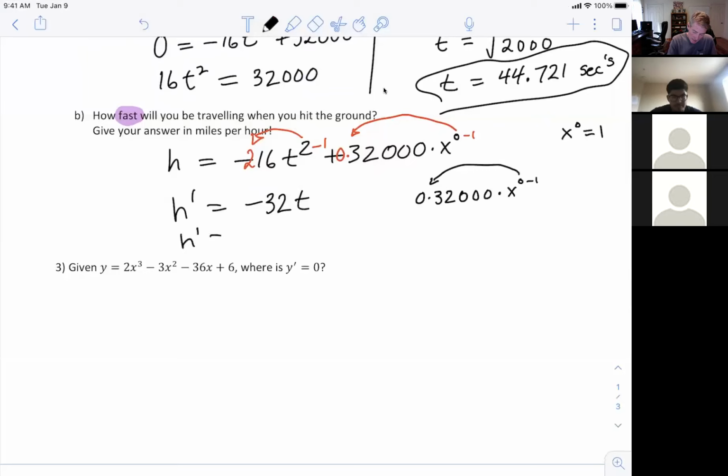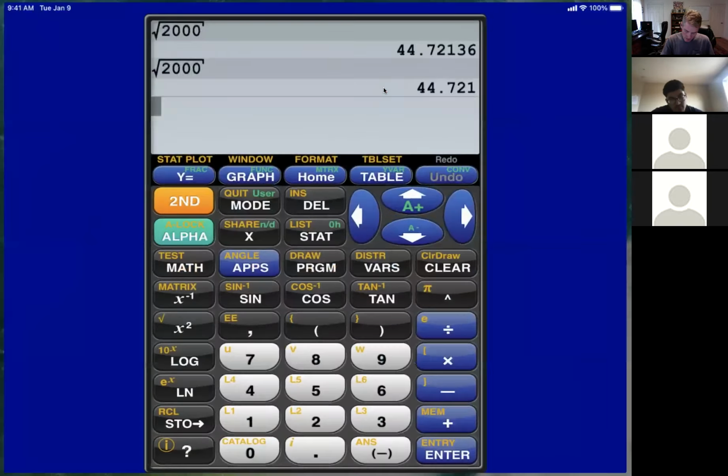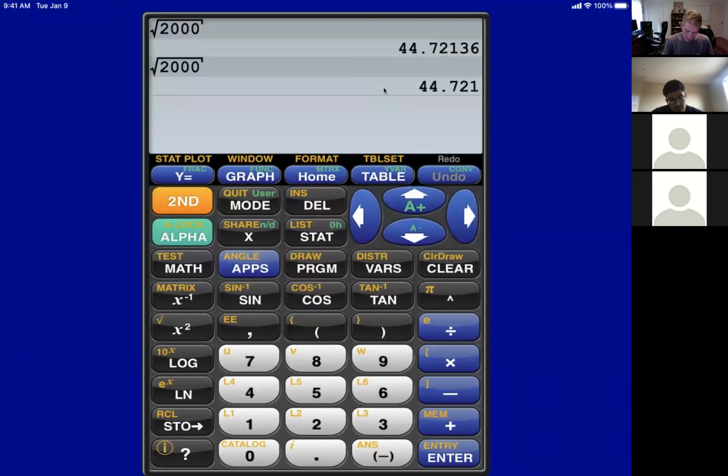And then the next thing to do is plug in the 44.721 seconds. So negative 32 times 44.721. So I could just say, take the last answer, 44.721, and multiply by a negative 32.